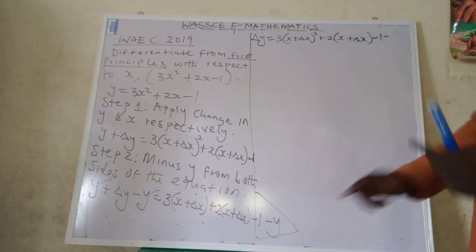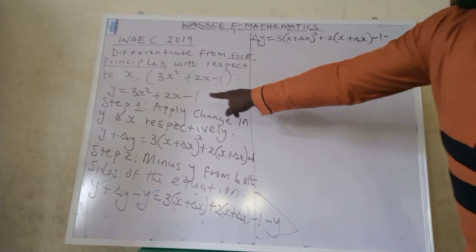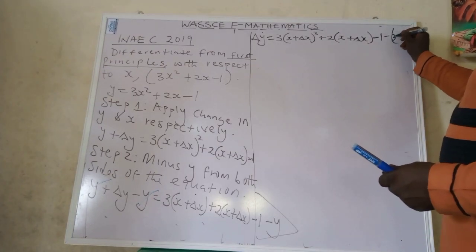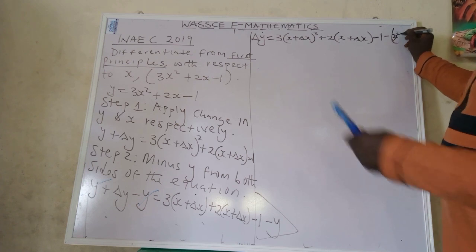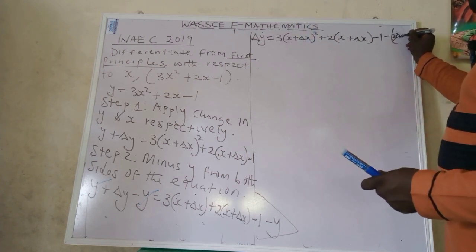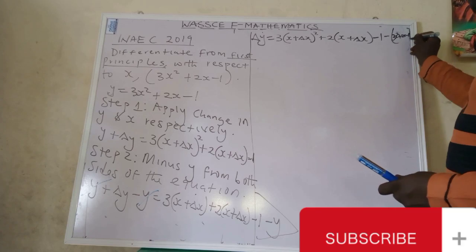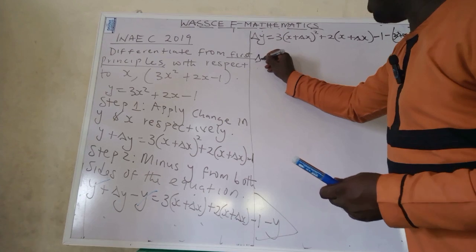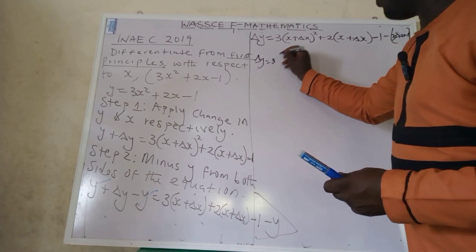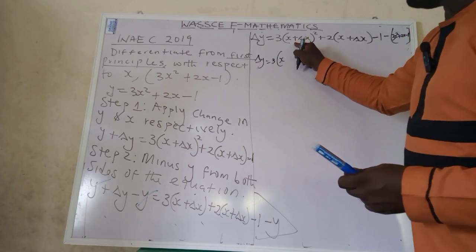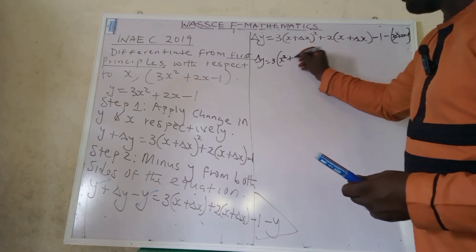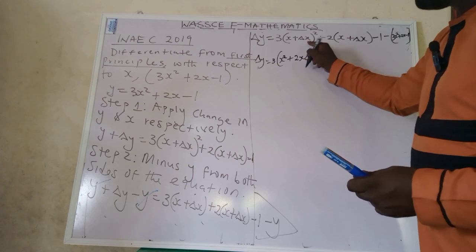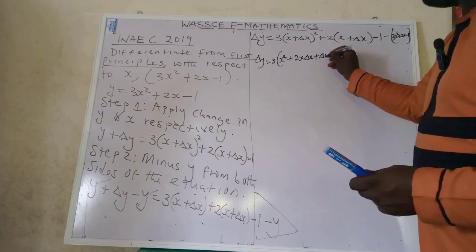The question is, our y. What is our y? So we have 3x squared plus 2x minus 1. That's what you have there. So change in y is equal to 3 times, open this bracket, x squared plus 2x change in x plus change in x squared.